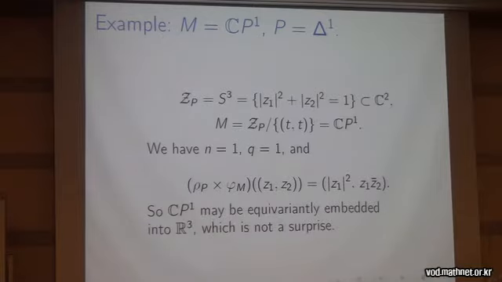And CP1 may be embedded into R3. That's not a surprise. We all know that embedding. But it's actually important because it shows that our dimension estimate is sometimes sharp, at least for CP1. I don't know for general cases, but at least here.